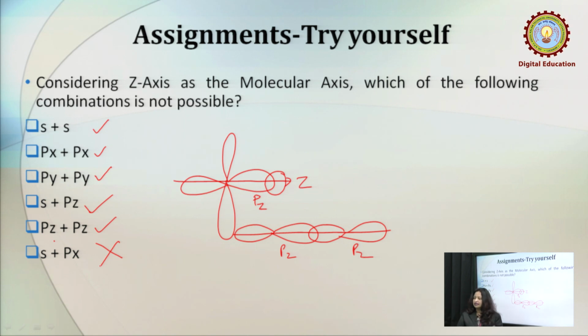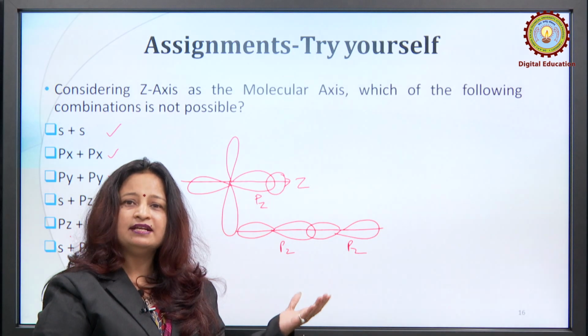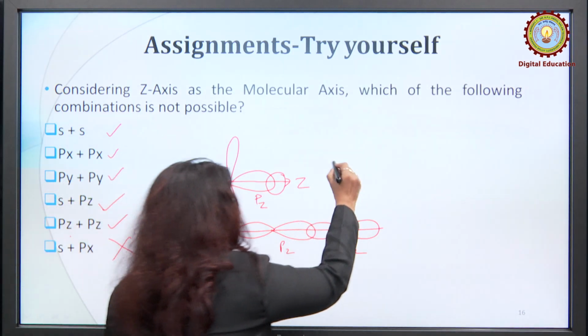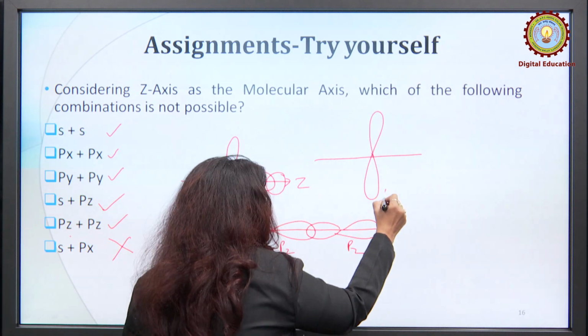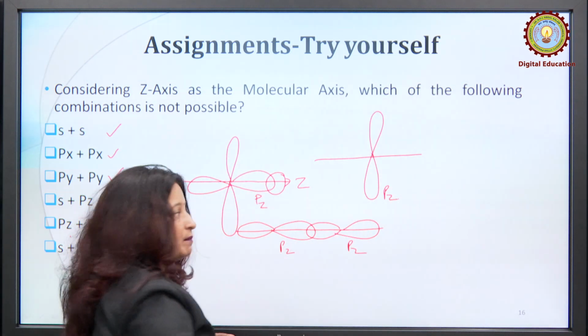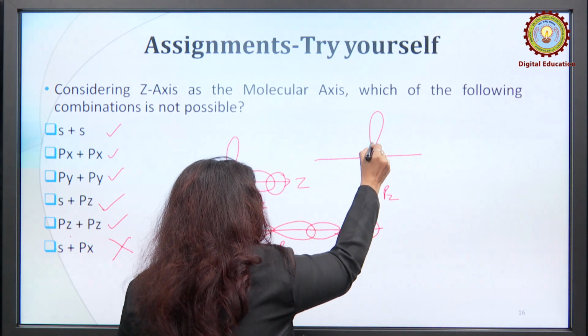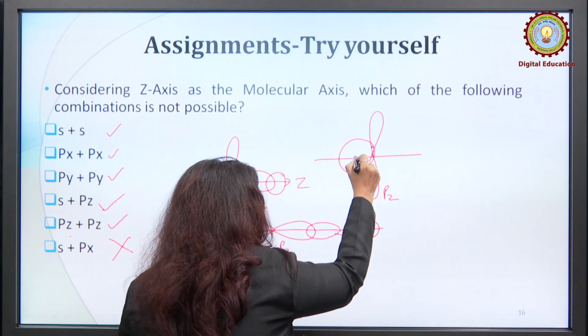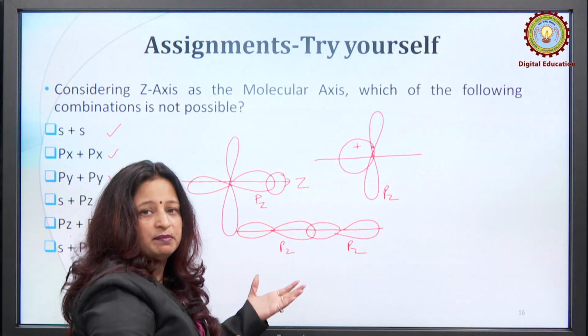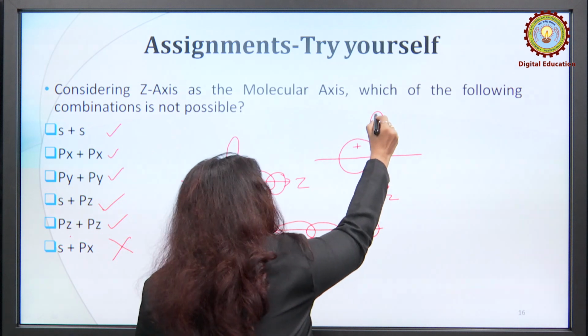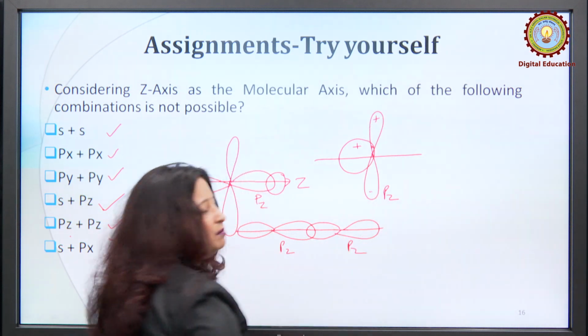So, friends, this option may be selected as the best option, and you can give a very nice description by showing this diagram. When we talk about Px, it is like this, and when we talk about S, then definitely S is like this, right? Here you can see this is plus, this can only be plus or even minus, and this is the plus lobe and this is the minus lobe.